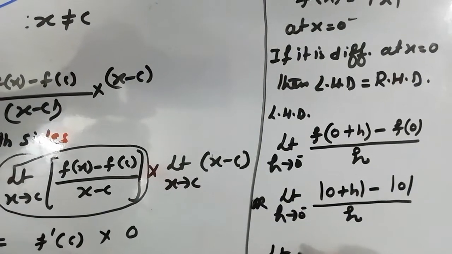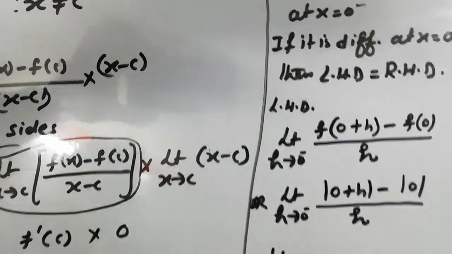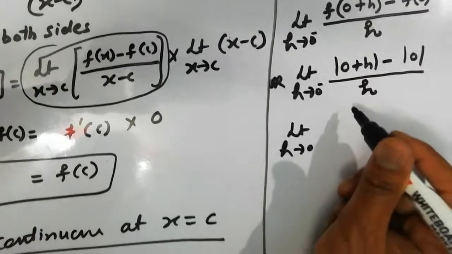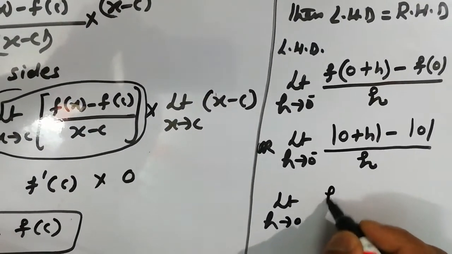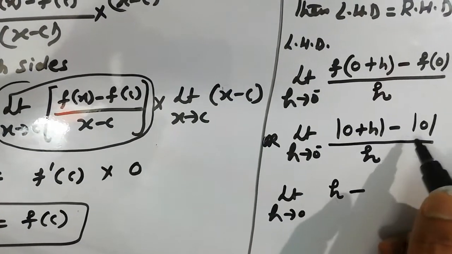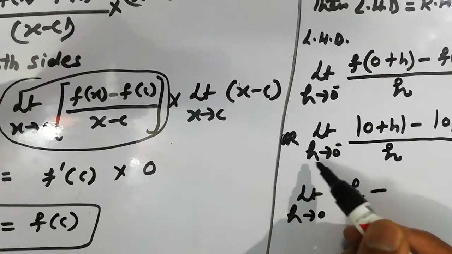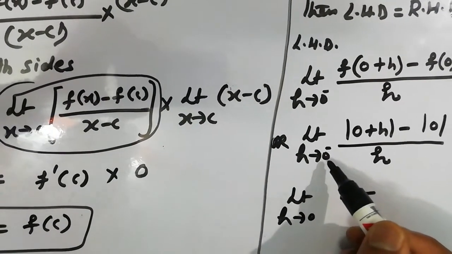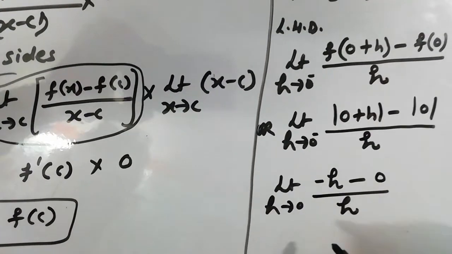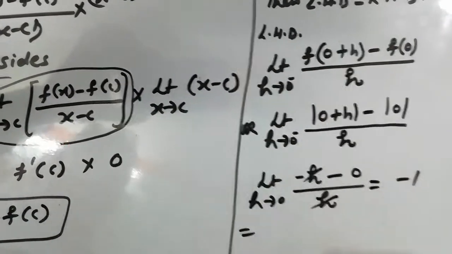Now if we are considering limit h approaches 0, this is equal to mod h minus, here this is your 0. Now here h approaches 0 from the negative side, and when h approaches 0 negative, then mod h is equal to negative of h. So here this h cancels out and this is equal to minus 1.